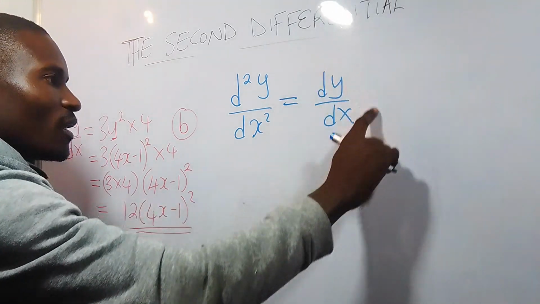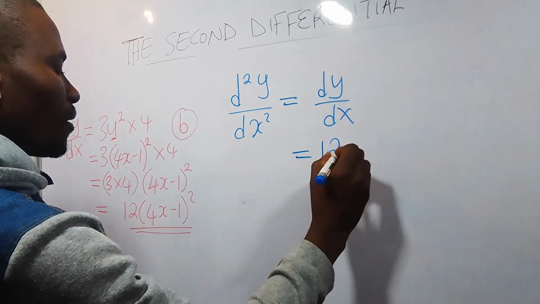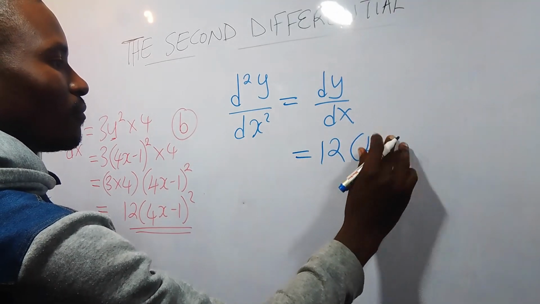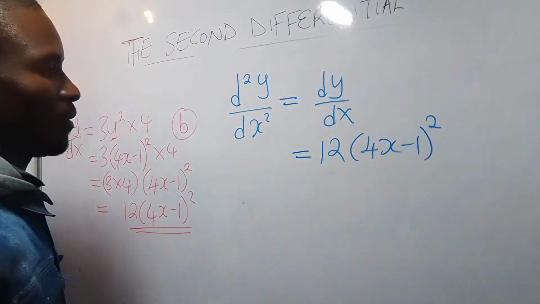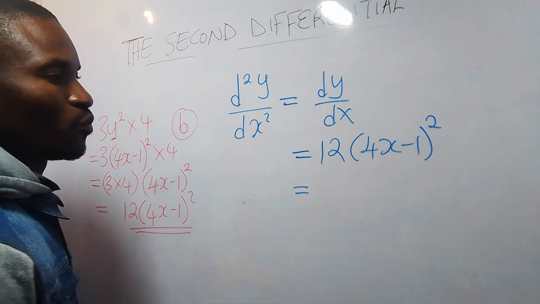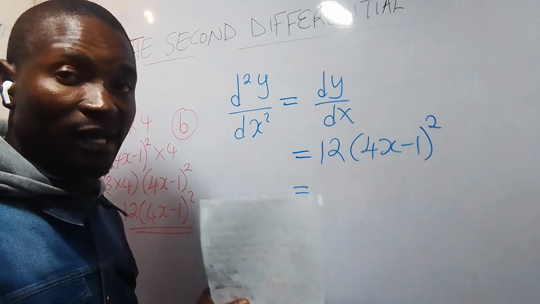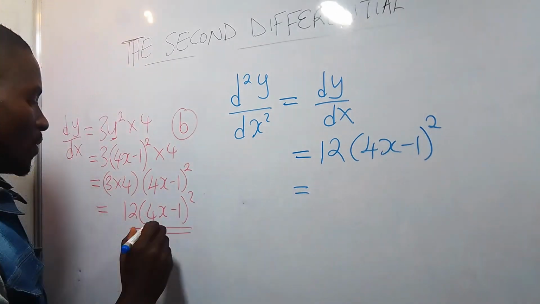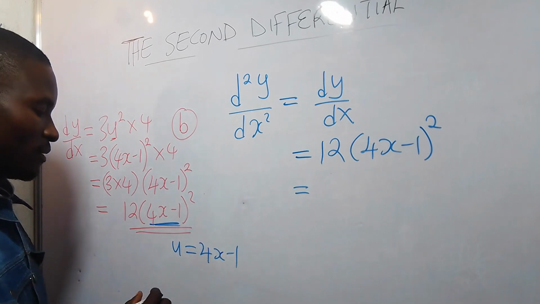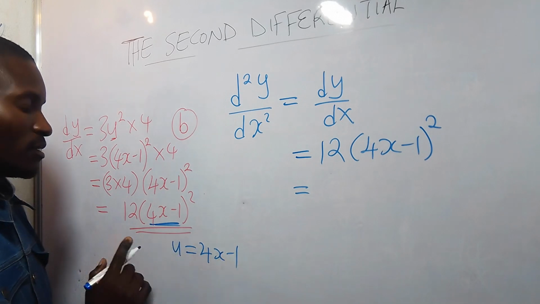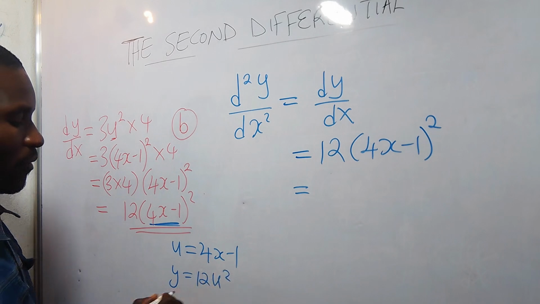Okay, so now we know that dy/dx is this one. Then you're going to say, okay, this is something that we already know. This inside is the u function, 4x minus 1. And then we say y equals 12u to the power 2.